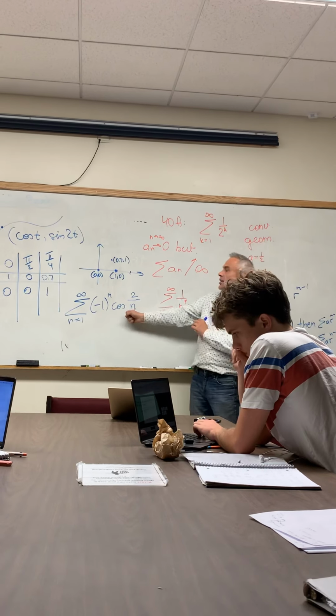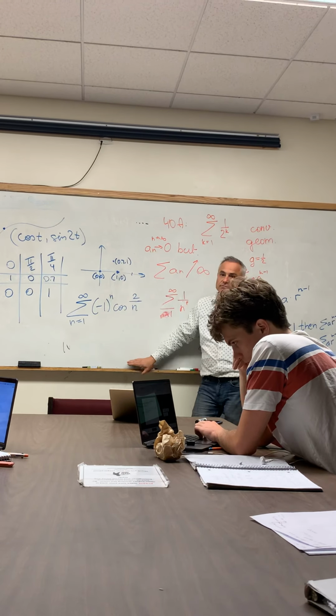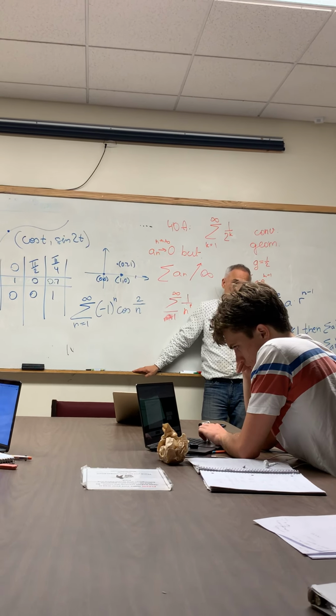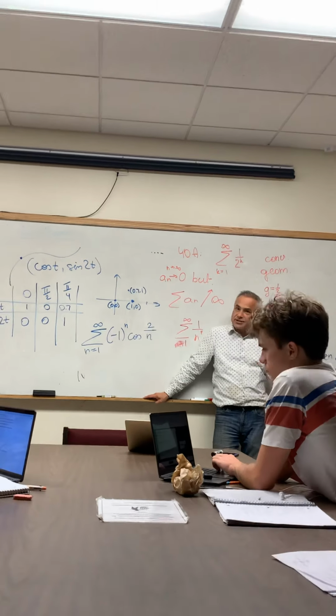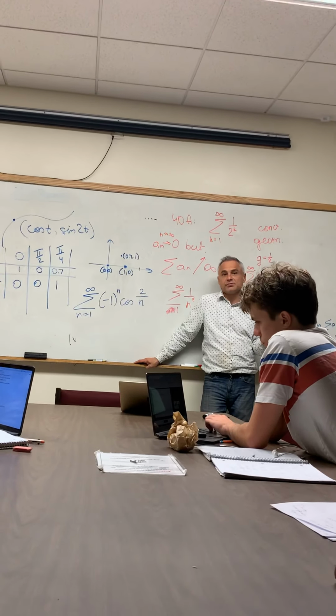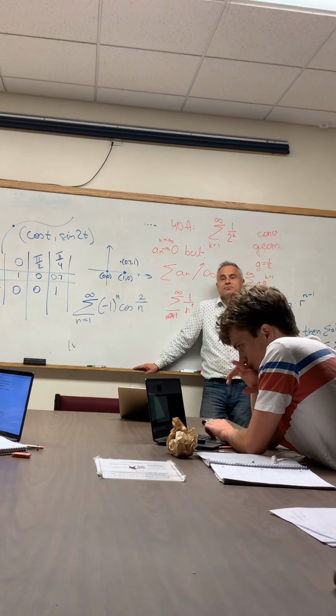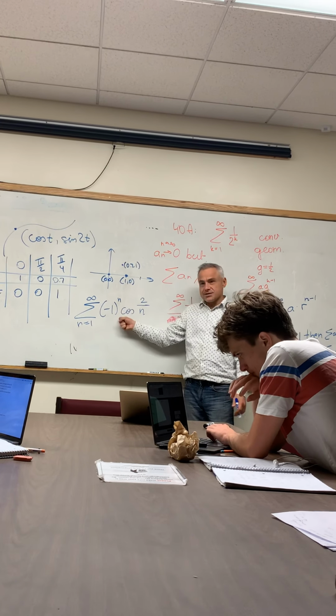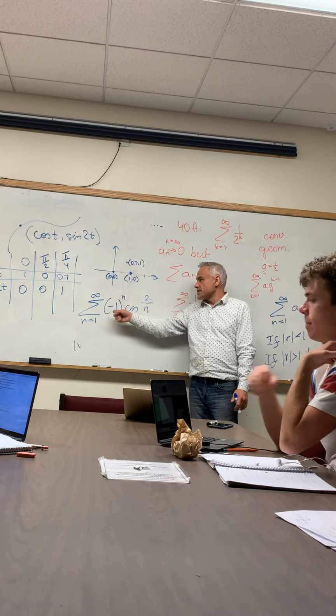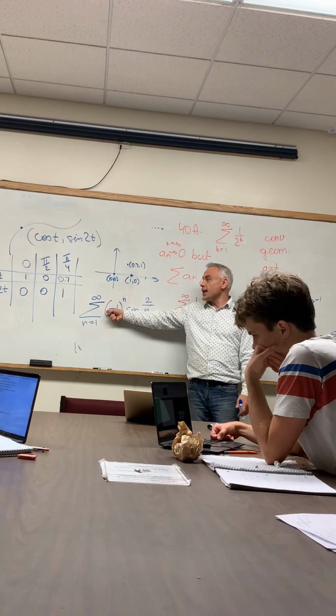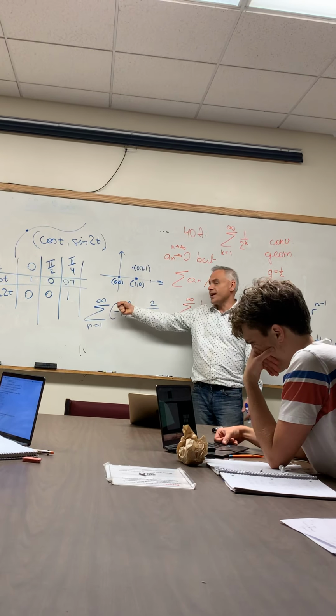So if n is very large, what happens to 2 over n? It gets very small. So cosine of a small number close to 0 will be close to cosine of 0, so that will be close to 1. So then we will have something that alternates, depending on whether n is odd or even.